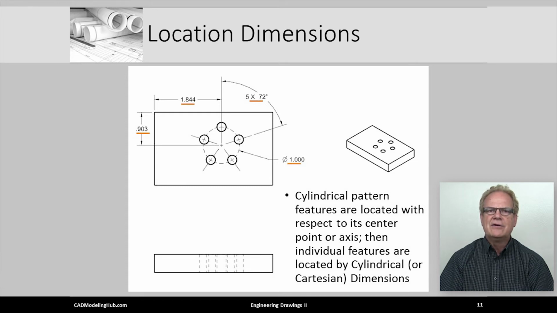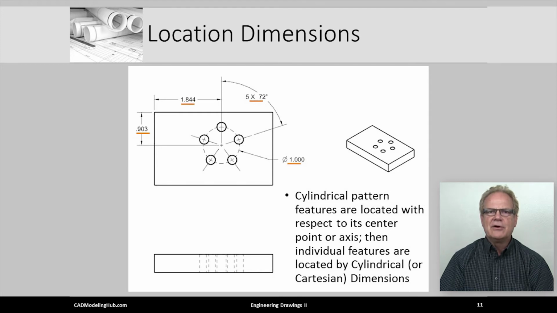Notice how this pattern is located vertically and horizontally to its center point line. However, this does not completely locate the pattern. It still needs the size of the bolt hole circle, as well as the angle spacing between each hole.